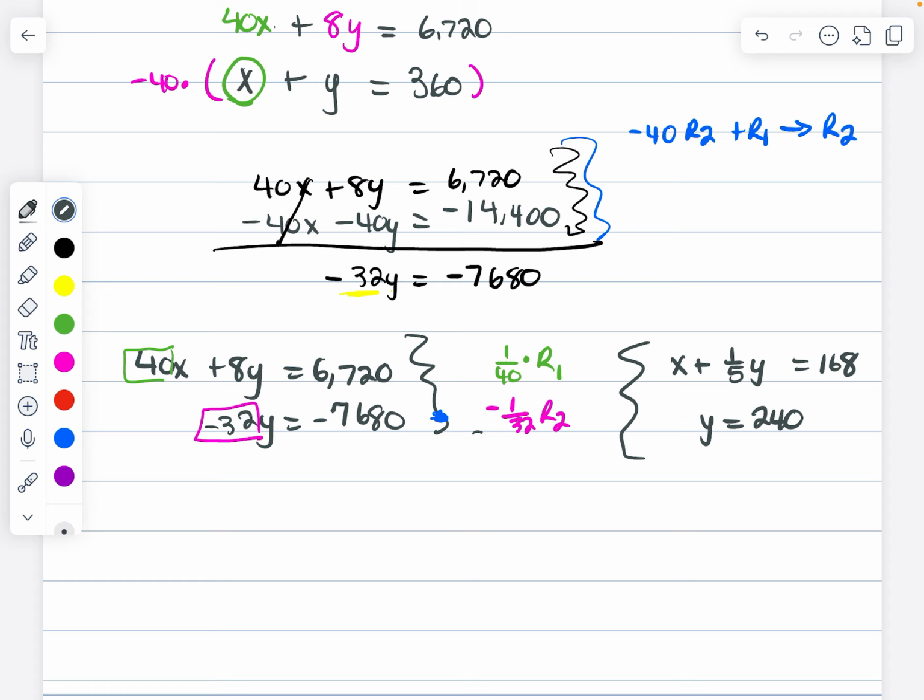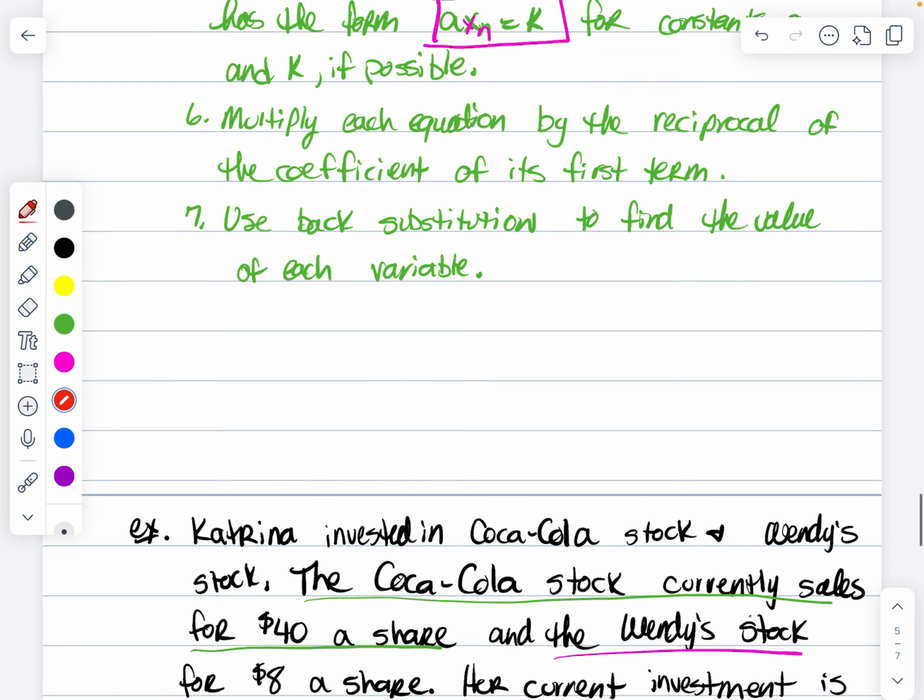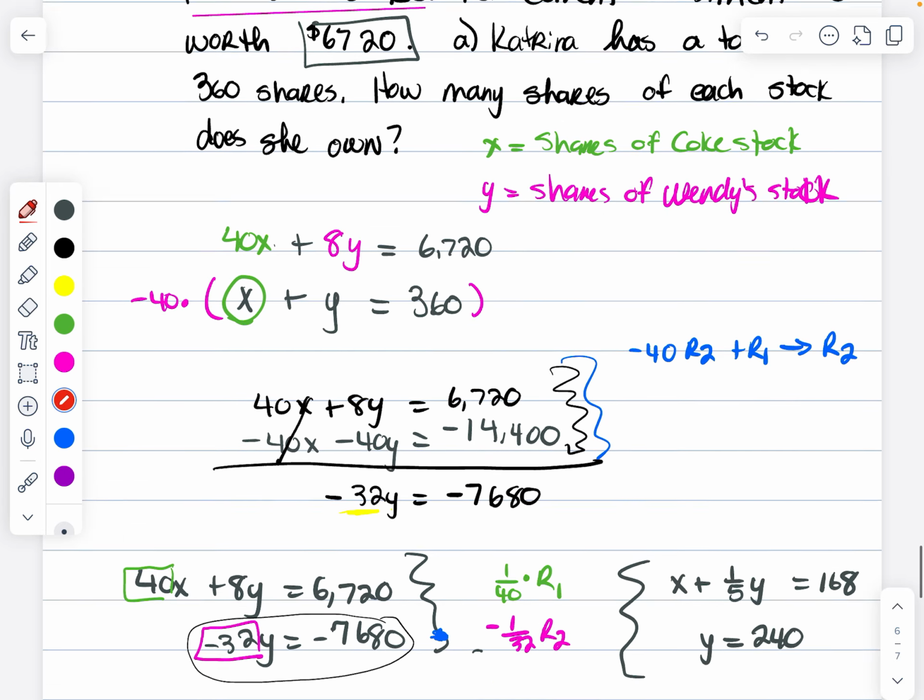In layman's terms, we're going to solve this bottom equation for the variable y, which we know as dividing by negative 32 on each side. Once we find our y, we're going to use back substitution. That's the final step: use back substitution to find the value of each variable.